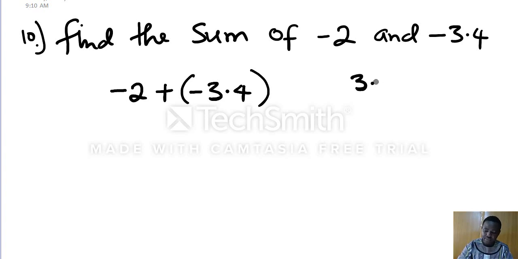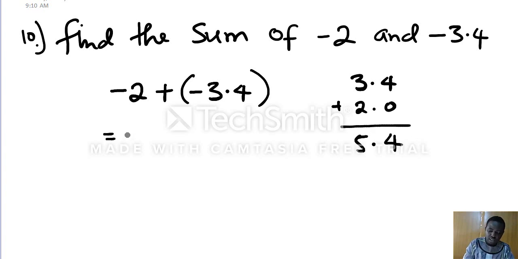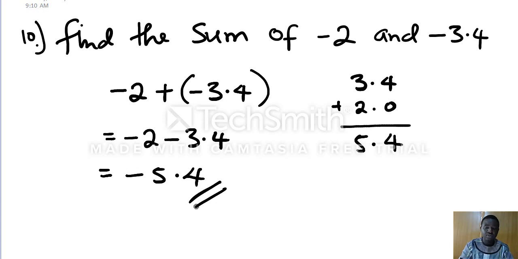So this is going to be 3.4 plus 2.0, which gives us 5.4. So your answer is going to be minus 5.4, because this is the same thing as minus 2 minus 3.4. When you sum two negative numbers together, your answer is going to be a negative of their sum.